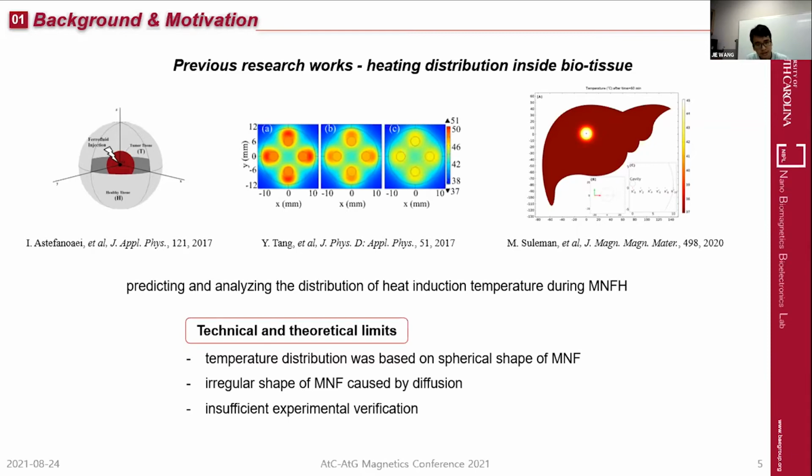But there are still several technical and theoretical limits in the proposed models and methods. For example, the temperature distribution they considered was based only on spherical shapes of magnetic nanofluids. The magnetic nanofluid should present an irregular shape caused by diffusion or concentration gradient. And there is also insufficient experimental verification to evaluate their proposed models.